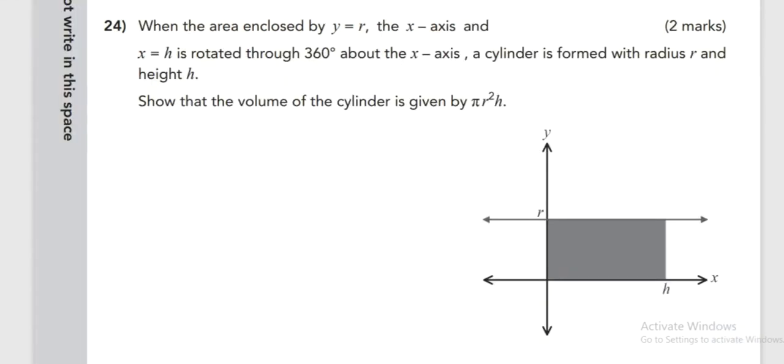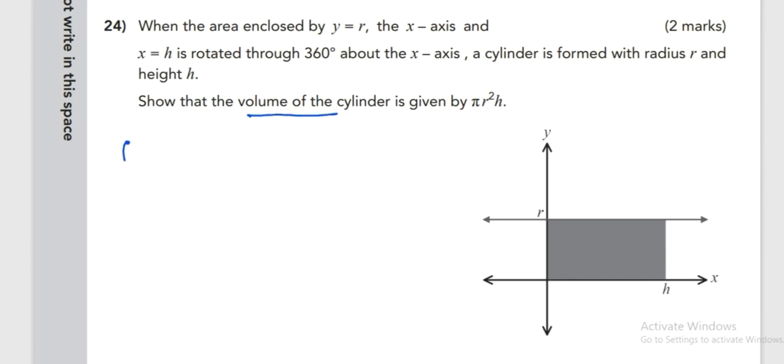Question 24. When the area enclosed by y equal r, the x-axis, and x equal h is rotated through 360 degrees about the x-axis, a cylinder is formed with radius r and height h. Show that the volume of the cylinder is given by pi r power 2 h. Here is talking about volume of revolution.